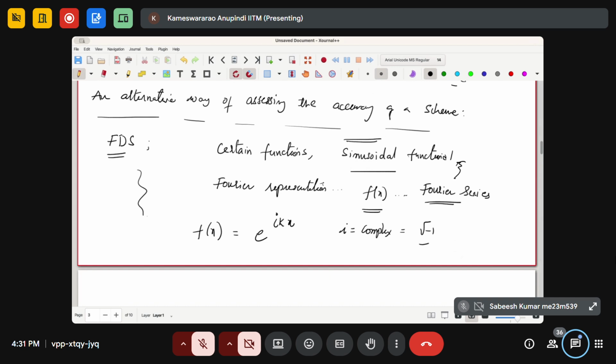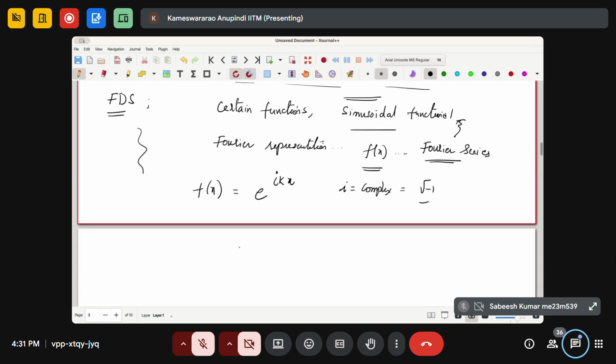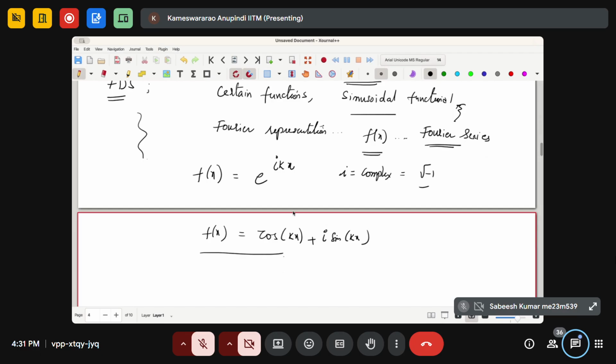We are using e to the i kx because this is equal to cosine kx plus i times sine kx. So this is your f of x, a representation of a Fourier series.